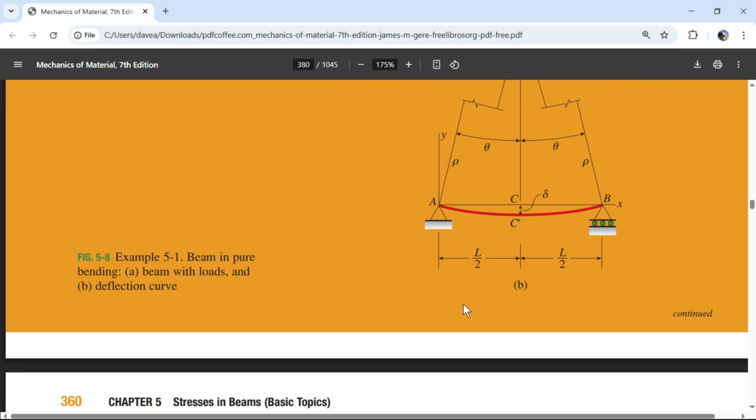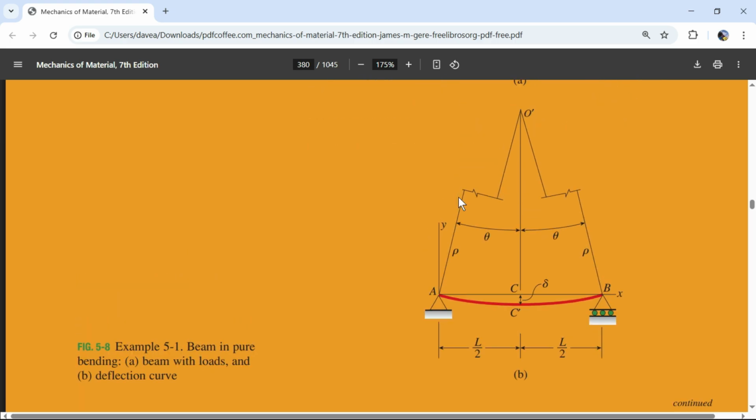There were some interesting things about this one, like where to put these chords, you know what I mean? But we kind of deduced where they did. They took this chord from the neutral axis, and then they said this distance delta for the deflection was from the top of this chord to the neutral axis as well.